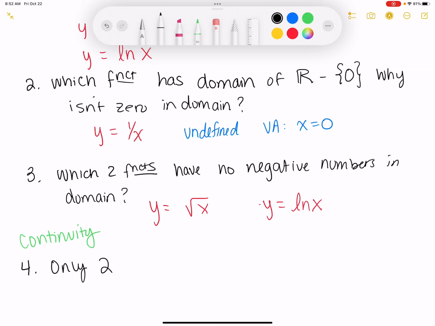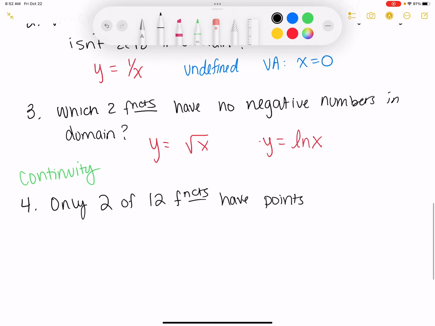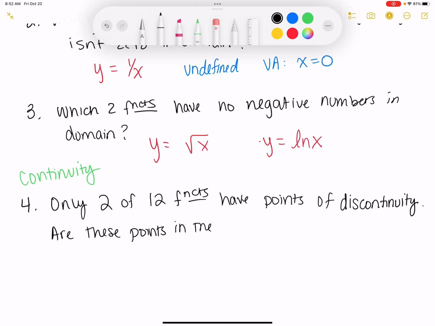Only 2 of the 12 functions have points of discontinuity. Are these points in the domain of the function?